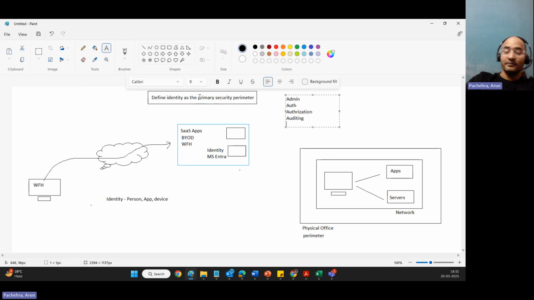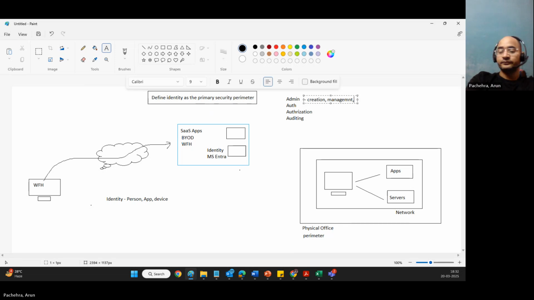Because identity is the primary security perimeter, we need to have a well-structured identity infrastructure, and it includes these 4As. Administration.